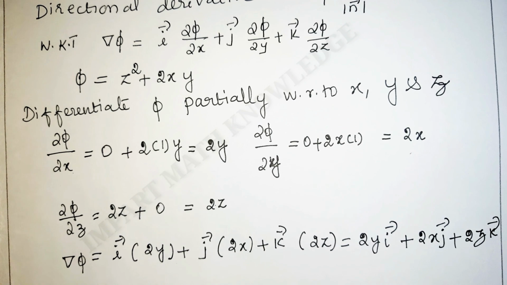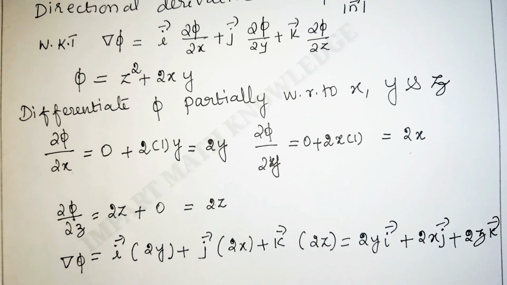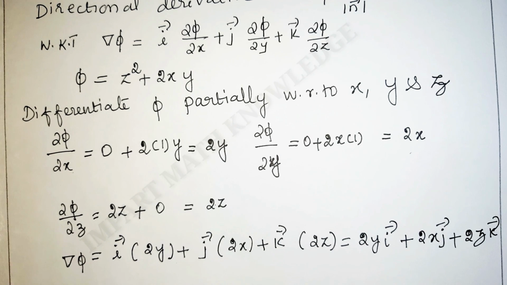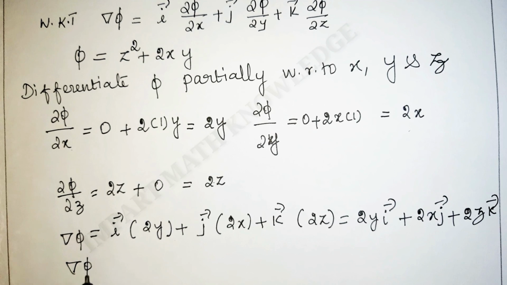Next we have to find del phi at the given point 1, minus 1 and 3. Substitute x is equal to 1, y is equal to minus 1 and z is equal to 3.